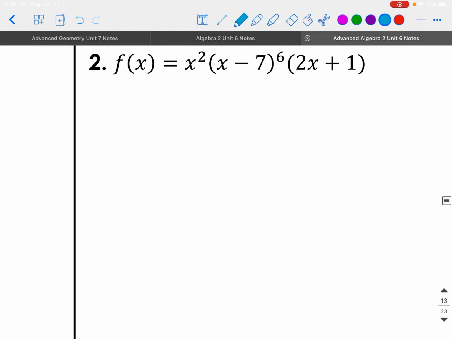Number 2, we have this factor. And if it's just an x, we could put parentheses around it. You don't have to. But we just say x equals 0. And there's nothing else to add or subtract. So that's it. It has a multiplicity of 2 because the exponent is 2.